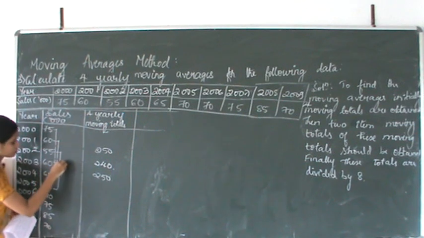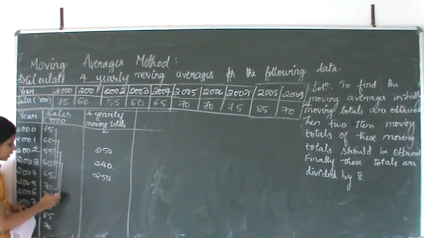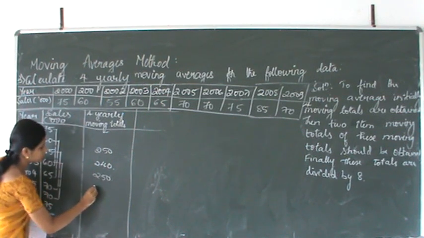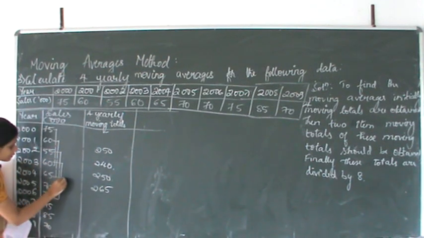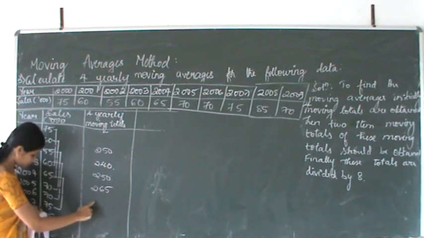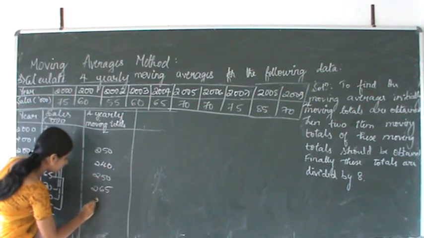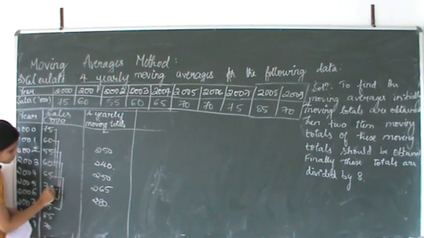Next, starting from 60 up to 70: 60 plus 65 plus 70 plus 70. It is 265. Next, 65 to 75. Total comes to 280, and you are going to write it in between 70 and 70. Next, starting from 70 up to 85.